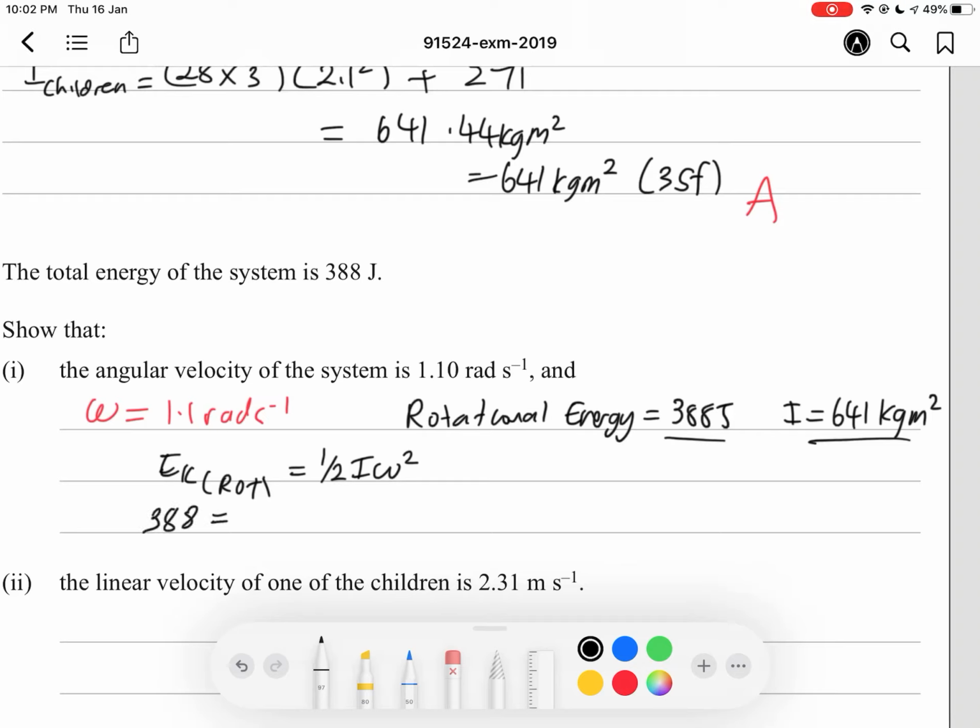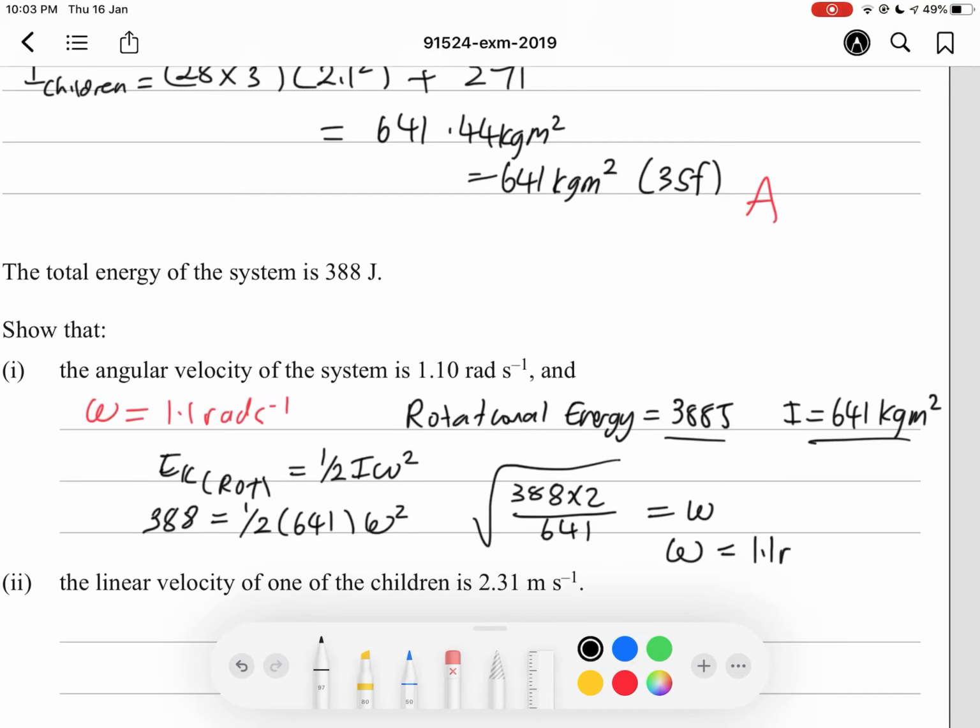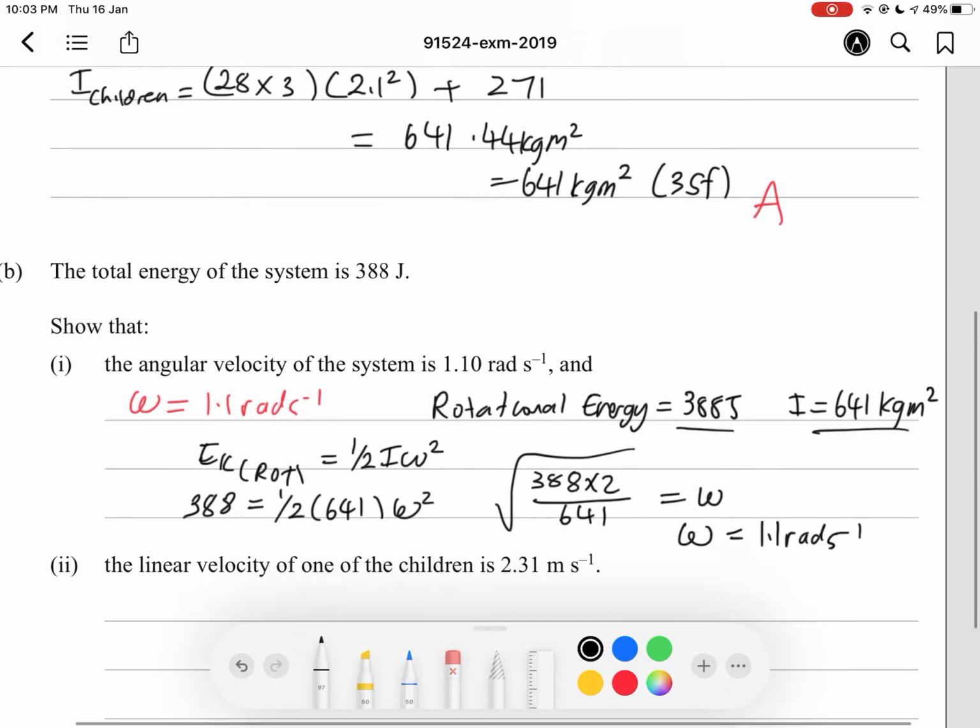We say 388 is equal to 1/2 times 641 times angular velocity squared. If we rearrange, we'll have 388 times 2 divided by 641, and the square root will give us our angular velocity. Yeah, that gives us an angular velocity of 1.1 radians per second.